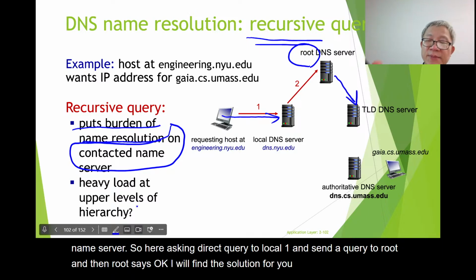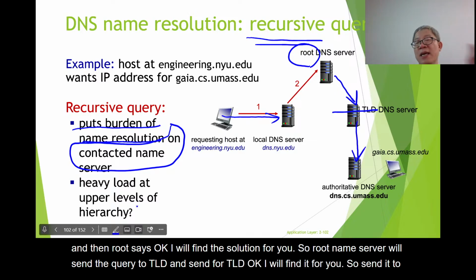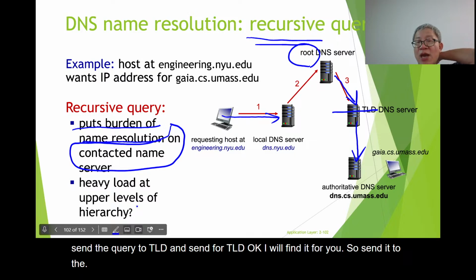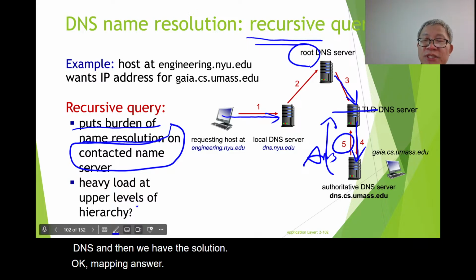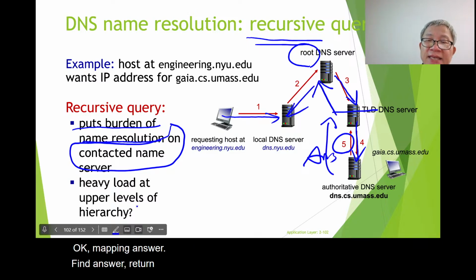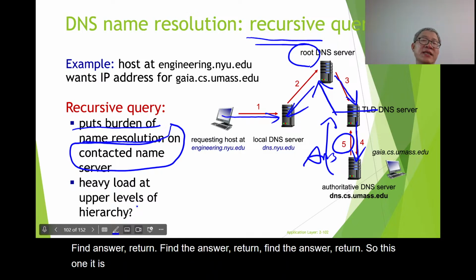So the root name server sends the query to the TLD. Same for the TLD, okay, I will find it for you, so it sends it to the authoritative DNS. And then we have the solution, the mapping answer. Find the answer, return. So this one is called the recursive query.